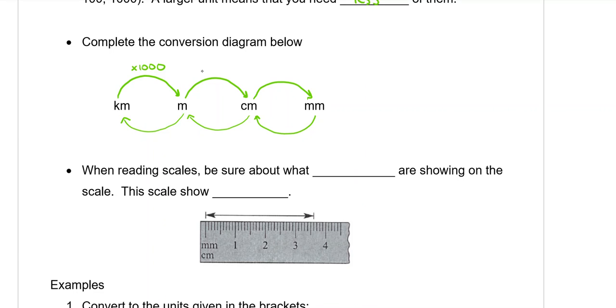If we want to go from meters to centimeters, there's 100 centimeters in a meter, so we're timesing by 100. And there are 10 millimeters in a centimeter, so times by 10. If we are going from the smaller units up to the bigger units, it's still going to be the 10, 100, 1,000, but this time we're dividing because we're going from smaller to bigger units.